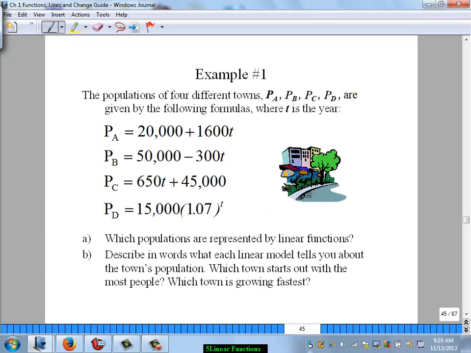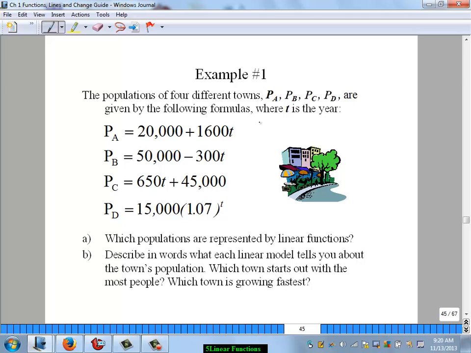Okay, so we've got these three populations which we talked about earlier. First of all, we want to talk about which ones are linear functions, and let's see what they all stand for. We're going to describe in words what each one tells us. So let's go through this first one. First of all, I look at it and say, all right, this is my beginning. So this town A starts at 20,000 people.